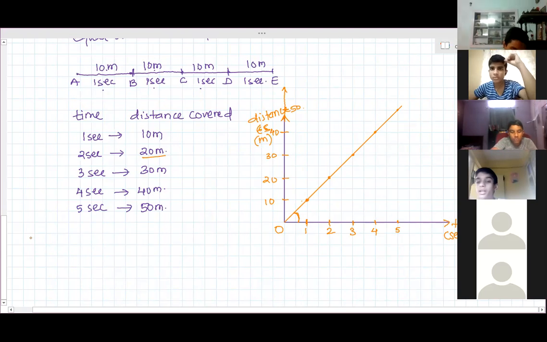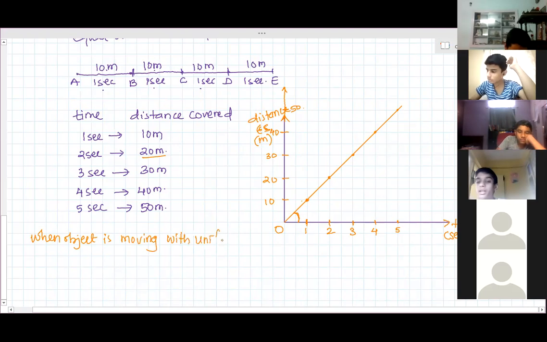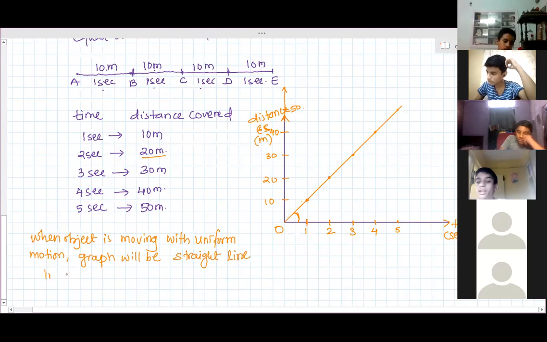So when the object is moving with uniform motion, the graph will be a straight line, exactly one single straight line, inclined to the x-axis. Clear?